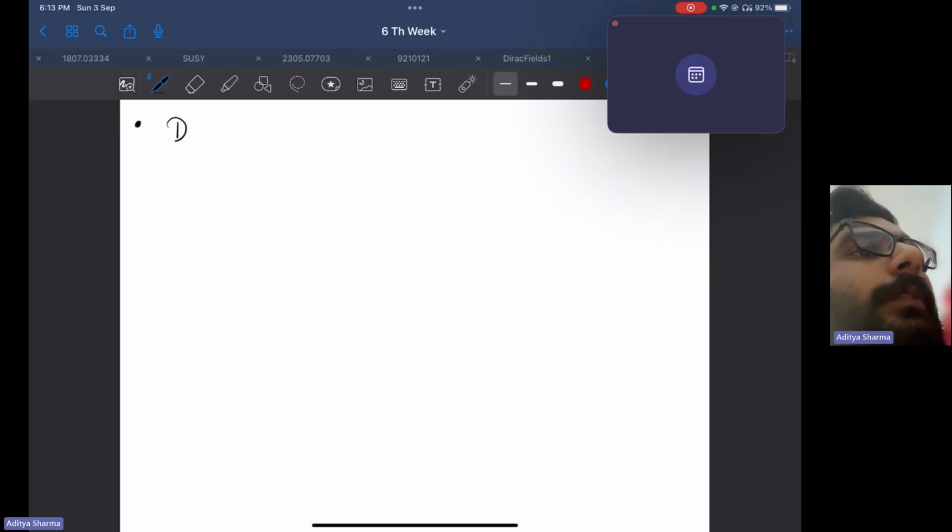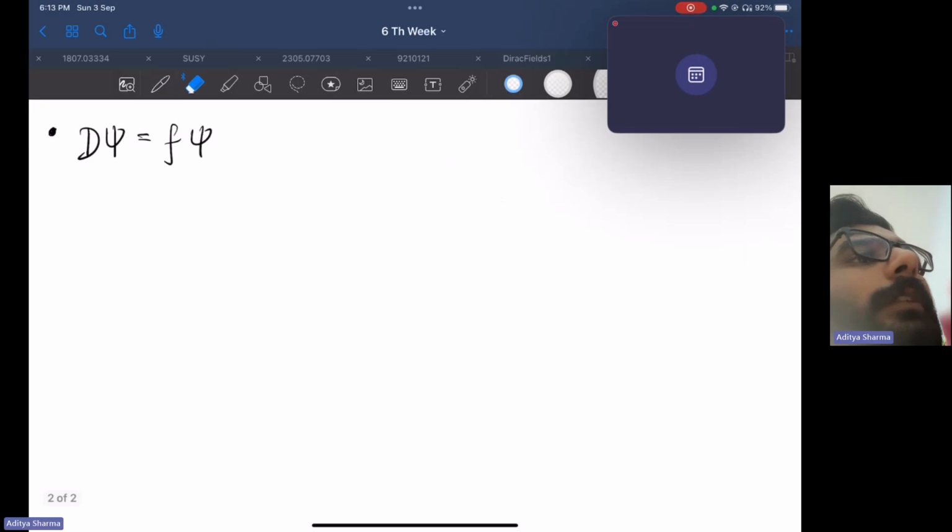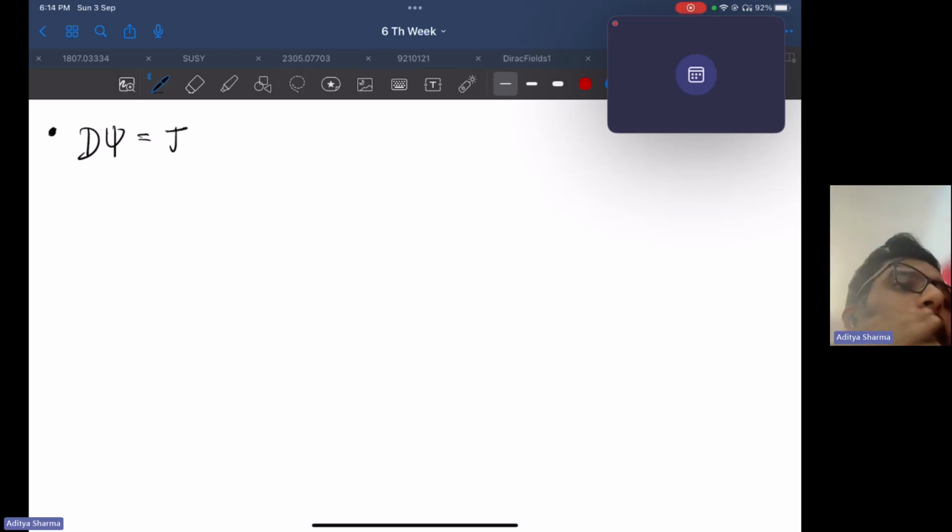Any differential equation D: if we have the equation as D chi is equal to F chi, then the Green's function formalism says that I would write this as some any function J. It need not be that the I is multiplied.